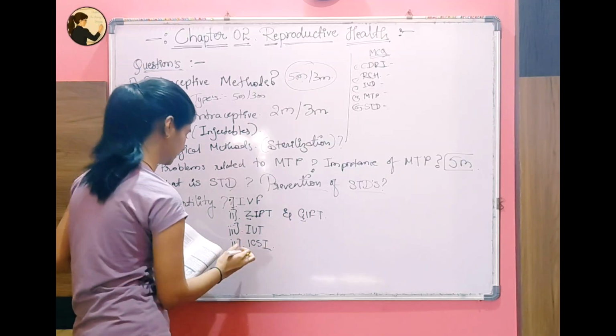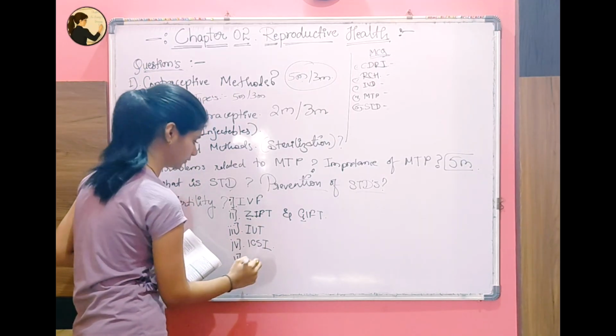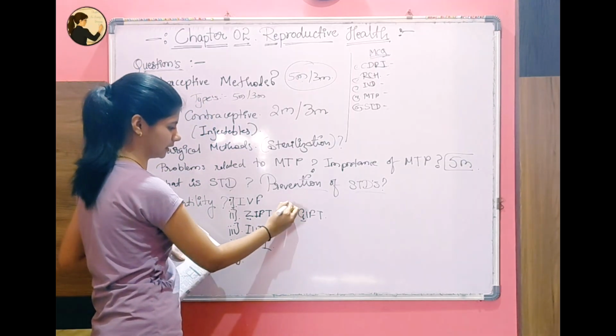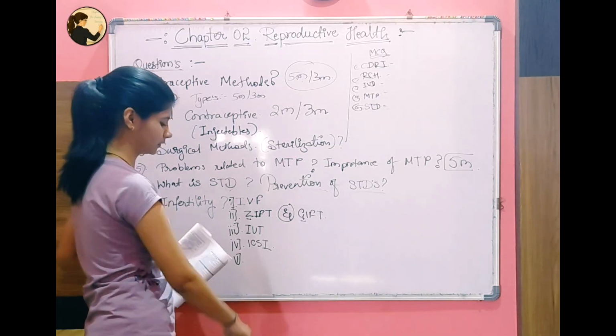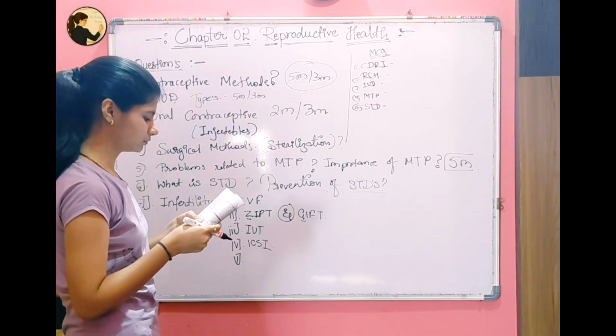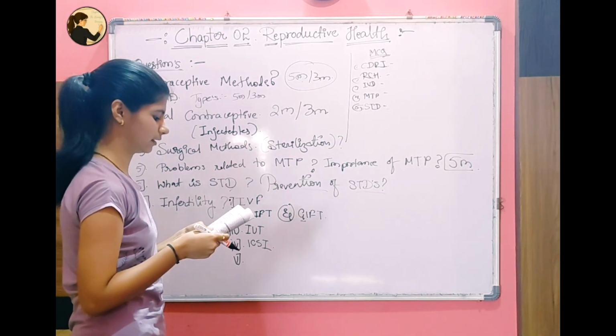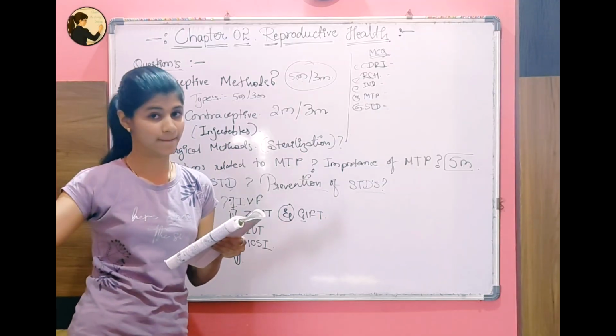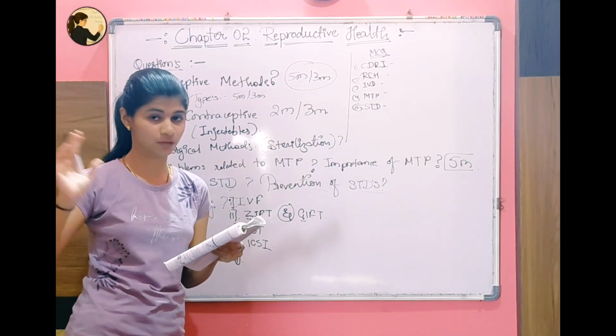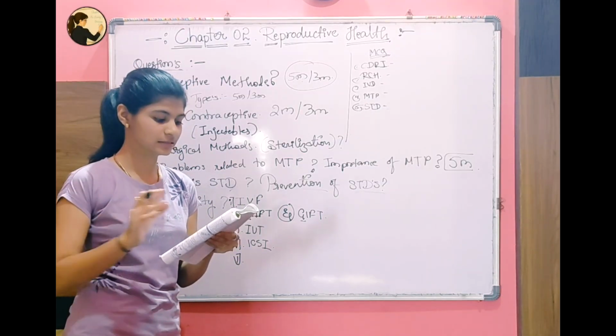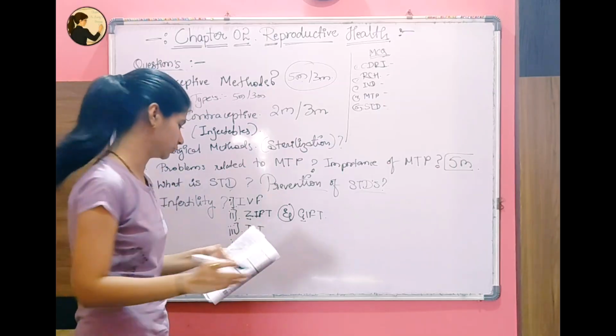Then the last one, which I have written in between, otherwise it would be 6 points, is AI, not artificial intelligence. This is artificial insemination.